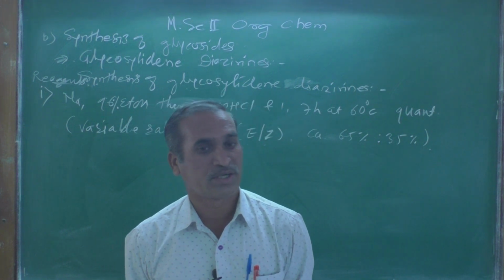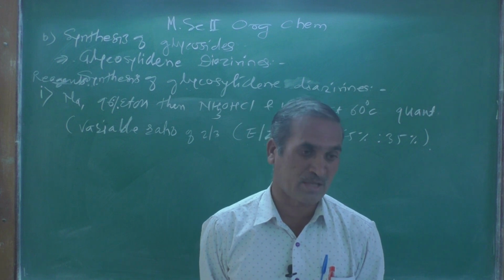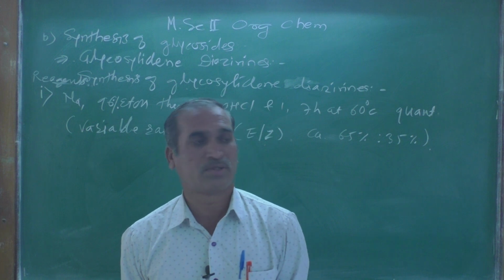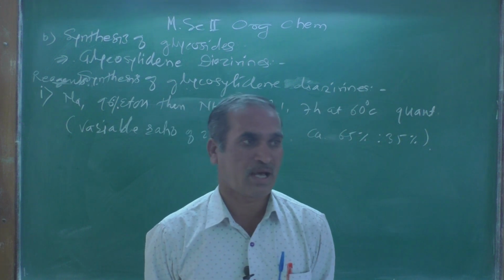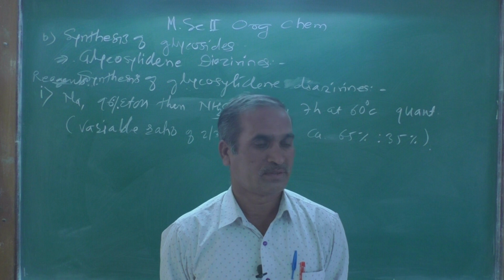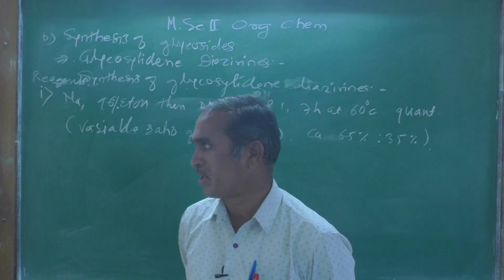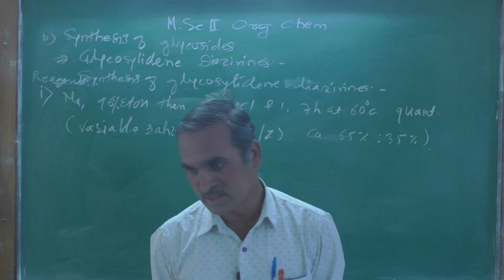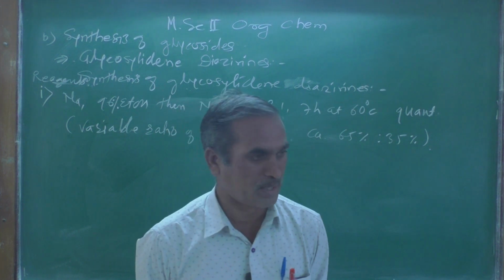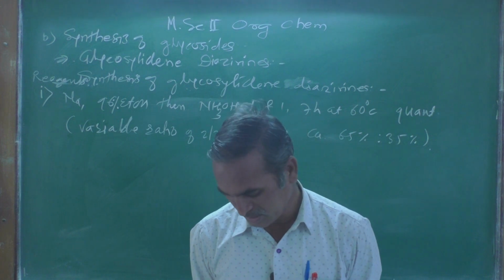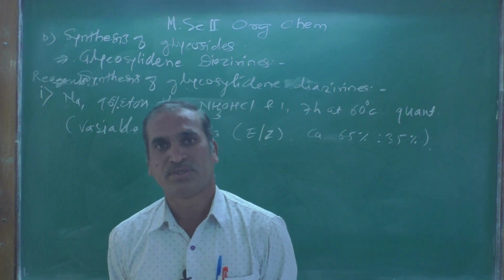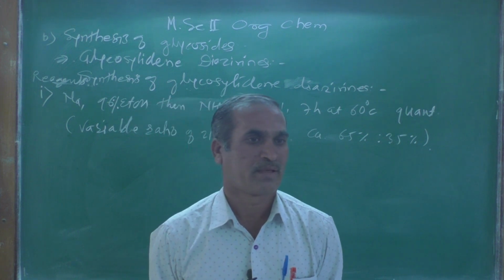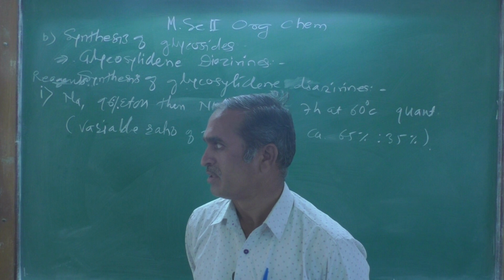There are certain conditions for geometrical isomerism, where the organic compound must contain a carbon-carbon double bond, or carbon-nitrogen double bond, or carbon-oxygen double bond, or carbon-sulfur double bond, and that type of compound generally exhibits geometrical isomers.